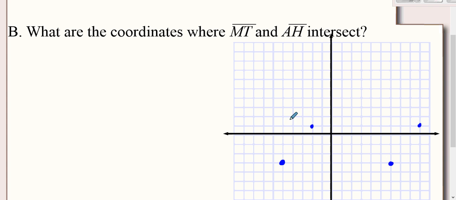So when we have all those plotted, this is M, A, T, and H. It says diagonal MT and diagonal AH.